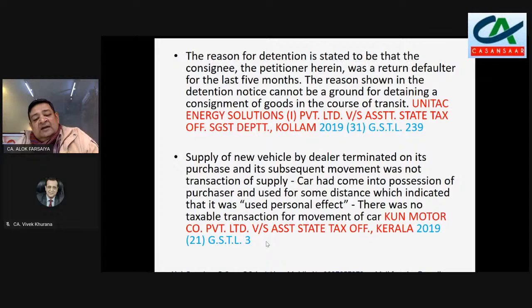When the thing is not goods, the provisions of section 129 cannot be used for detention of those goods. For that, there is the Con Motors Company Private Limited case, where the Kerala High Court has said that a registered motor vehicle cannot be termed as goods.